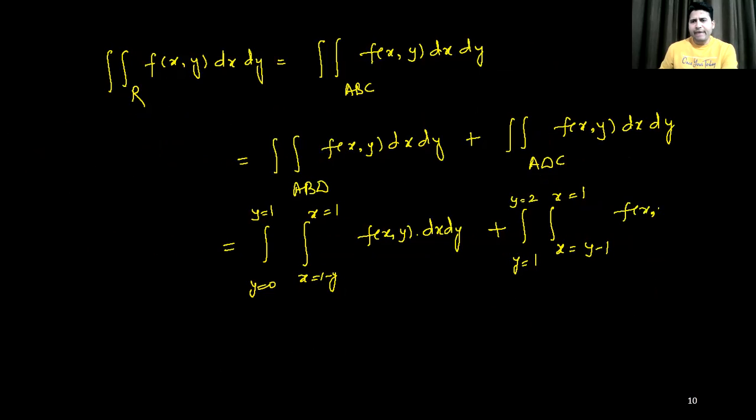Inside we have f of xy dx dy. Now just do the integral. If f of xy is given, we can solve the integral in the reverse order, and whatever comes will be the value of the given integral.